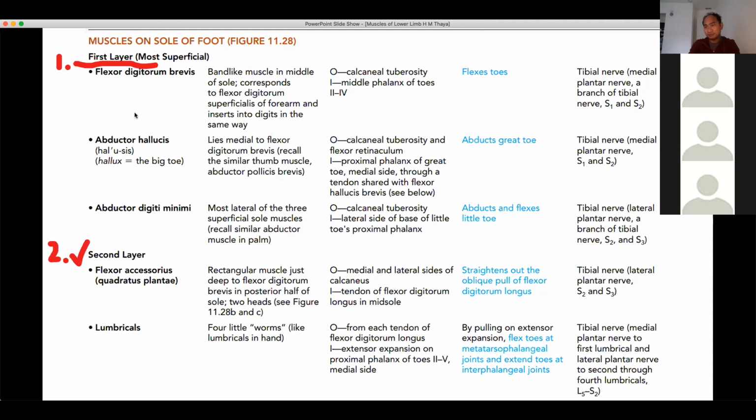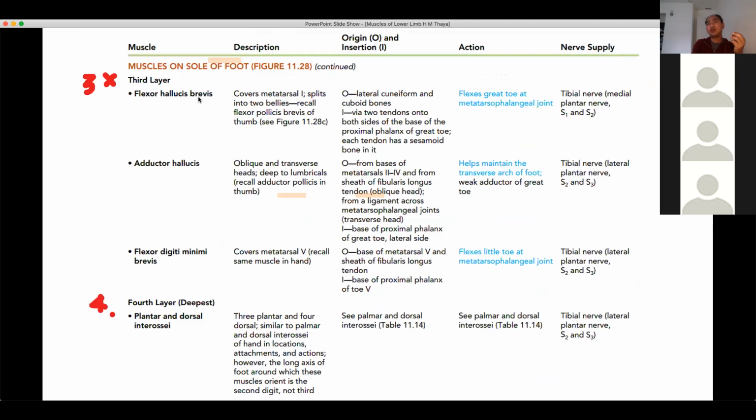I want you to remember that the top, most superficial layer is short, brevis, small, or digiti minimi, just like little short muscles. Let's remember it as short muscle, and the second layer as long muscle. Short, long, short, long.